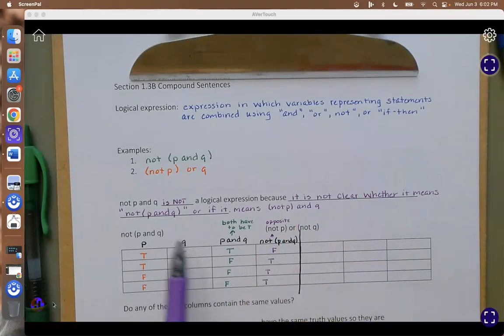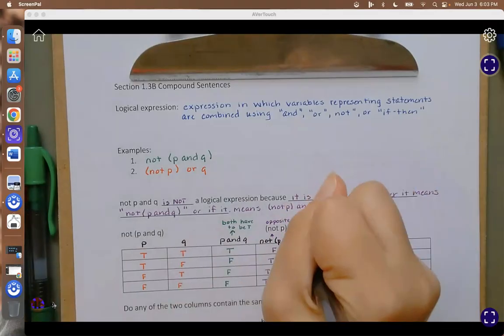Okay. So we're going to compare this problem to this problem. Notice the difference. This says P and Q, then you're going to not it. This one says not P, not Q, and then you're going to have an or. Okay, so we have the P and Q here. So we're going to do our parentheses first.